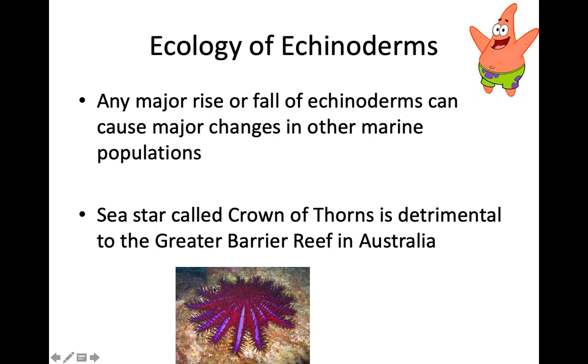Because they feed almost exclusively on coral, they can actually devastate huge, extensive areas of reefs. One such example is the Great Barrier Reef in Australia. There's a particular problem with these crown of thorns sea stars devastating the coral population in those areas.